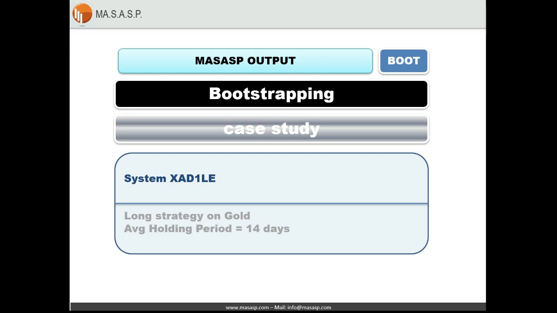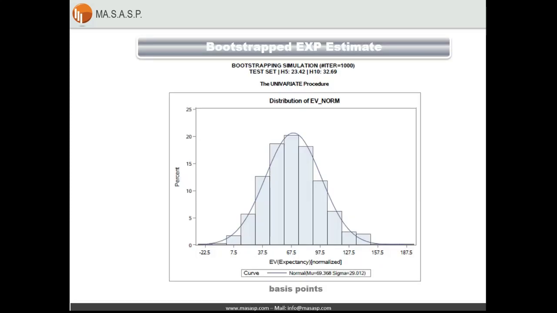Let's have a look at the greedy strategy on gold. The short strategy on gold was already presented in the previous video. The point estimate of the expectancy is nearly 67 basis points. The lower confidence limit of the expectancy is 23 basis points.